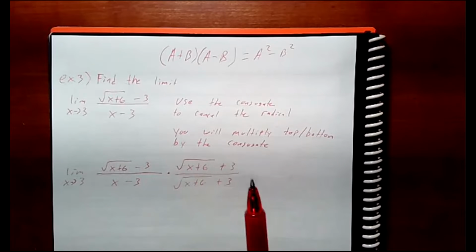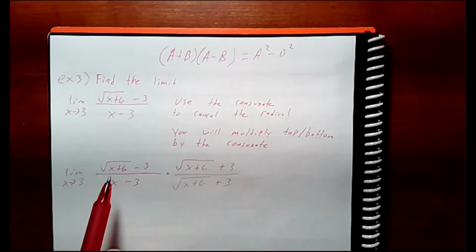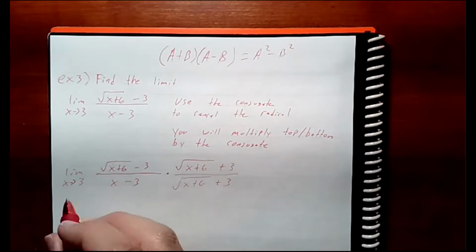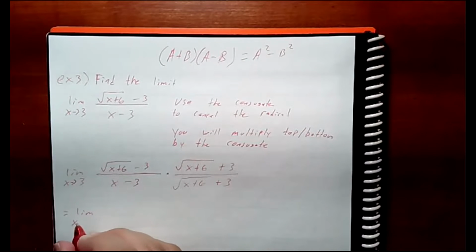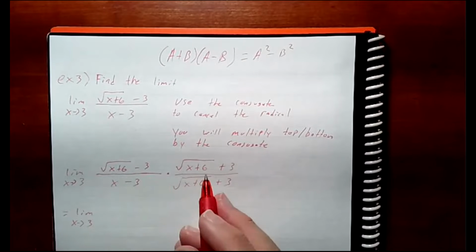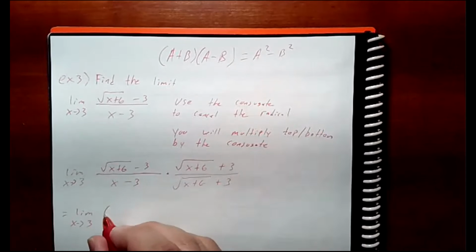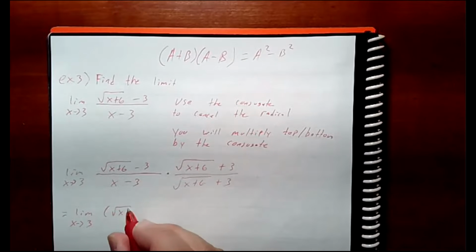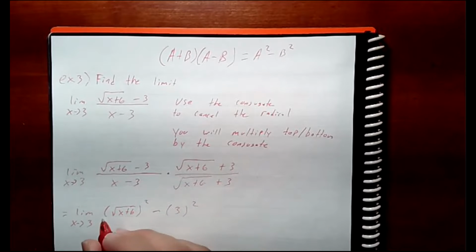Squaring the 3 will not give us 9, but who cares? What matters is I want to get rid of the square root. So this times this is going to give me a squared minus b squared. So I'm going to use the formula to save some time and space here. There's the formula.